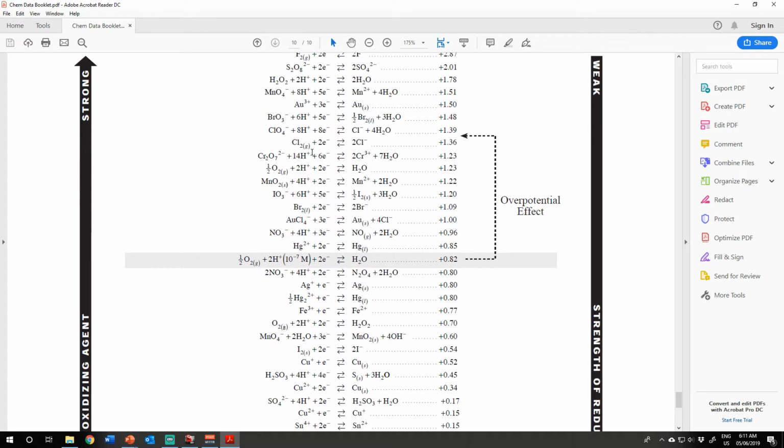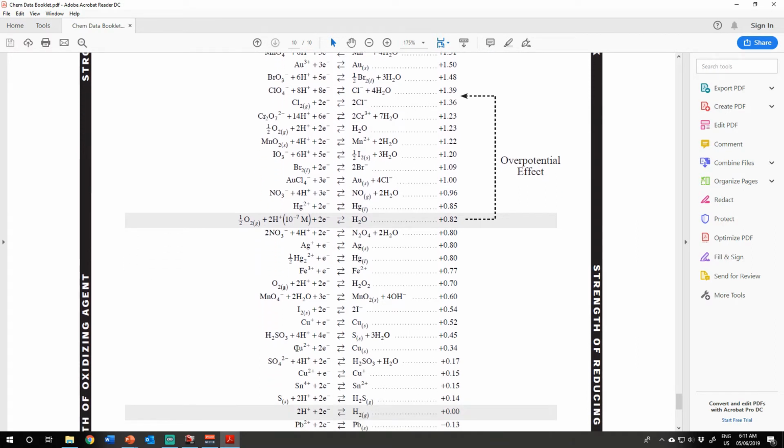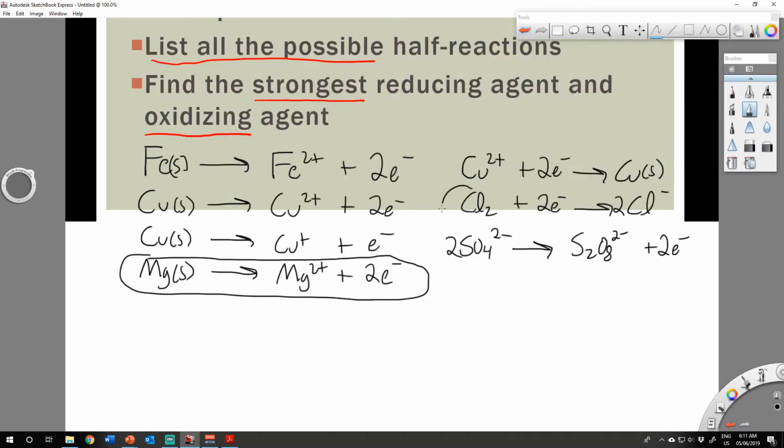And then the copper 2+ we saw earlier down here, there's copper 2+. So it's not copper 2+, it'll be the chlorine. So chlorine is a strong oxidizing agent. Ta-da, there we go. So there's my 2 reactions. So this is my oxidation here, and my reduction is over here.